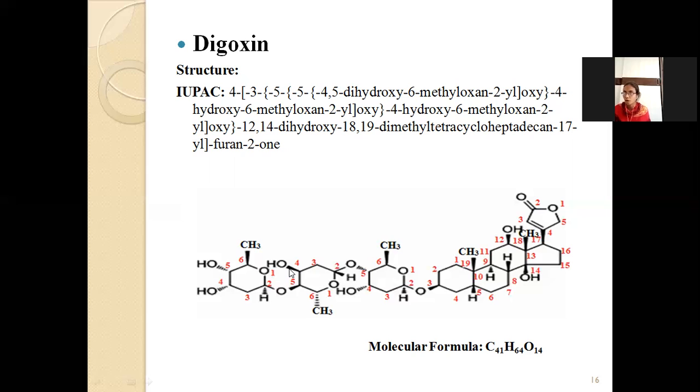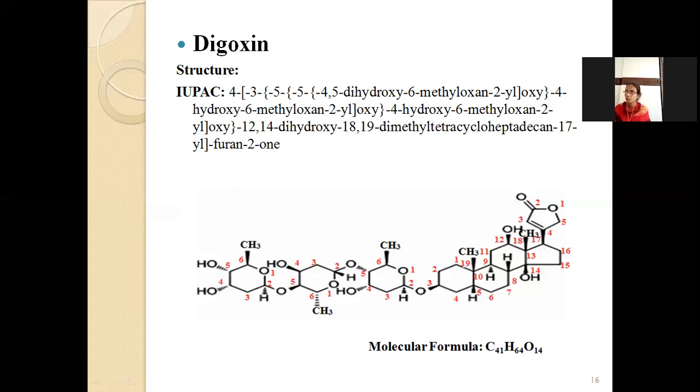So 4-hydroxy-6-methyl oxan-2-yl, and here oxy, and here 4-hydroxy-6-methyl oxan-2-yl, and here the 18th and 19th position methyl groups are there.